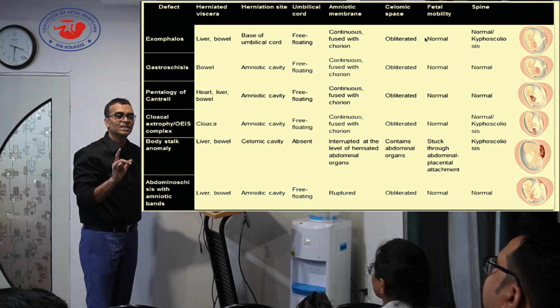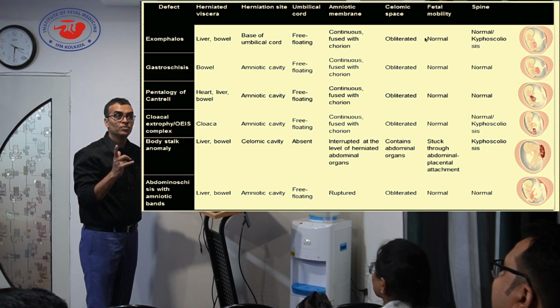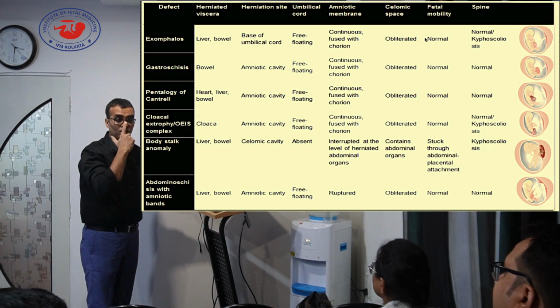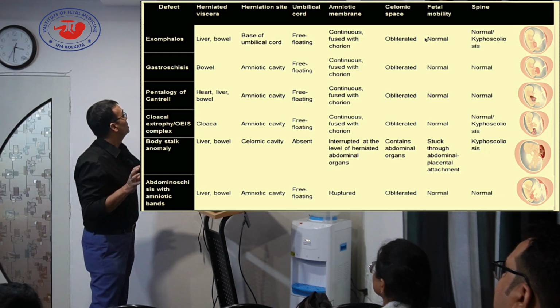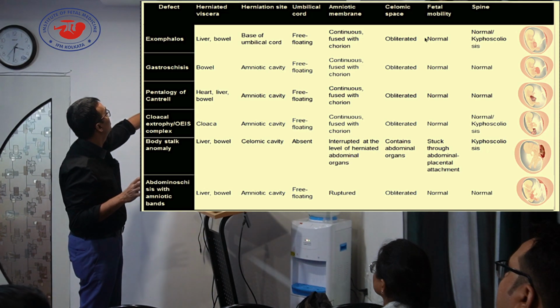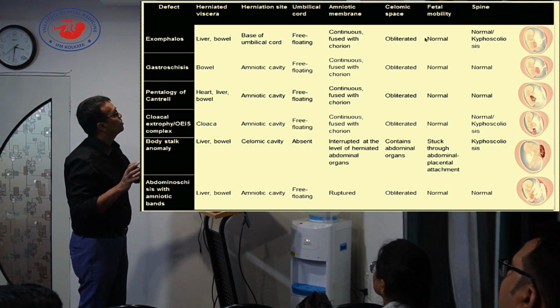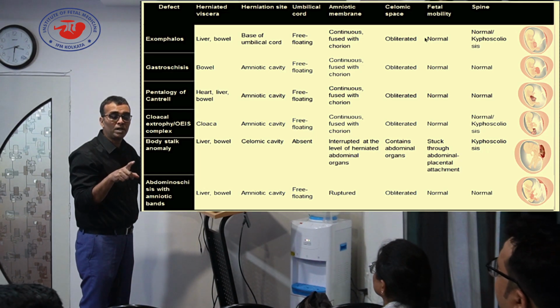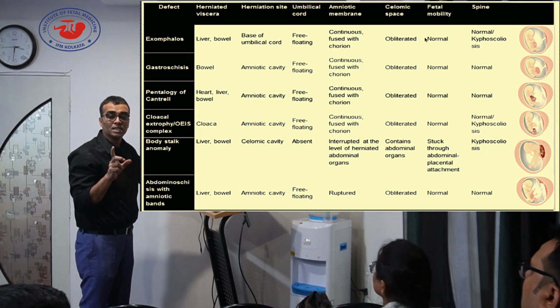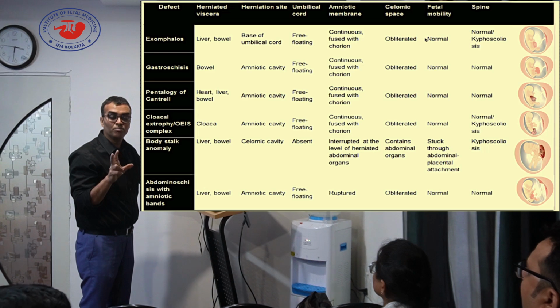So we were thinking what this could be, and also we did not see the bladder. We were suspecting, and there was kyphoscoliosis of the spine. So we thought it might be OEIS complex, because if you look at the OEIS complex, there might be omphalocele, obviously, with spinal abnormalities and non-visualization of the bladder.